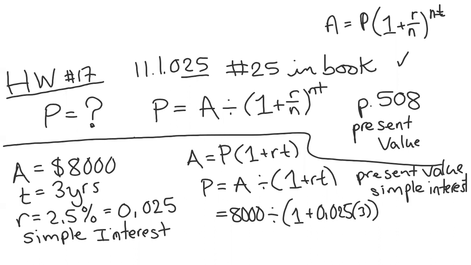That is 8,000 times parenthesis 1 plus 0.025 times 3 in parenthesis 8,000. Oh, I hit times, not divide. Okay, so I got a value more, but we should have a value less. So let me try again. 8,000 divided by the parenthesis 1 plus 0.025 times 3. Okay, that's better.